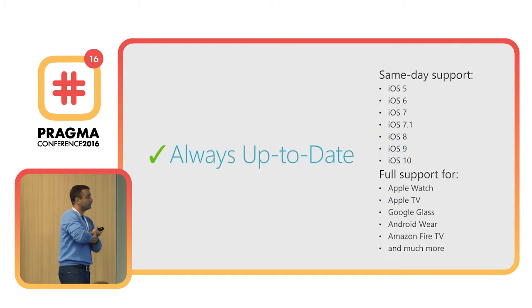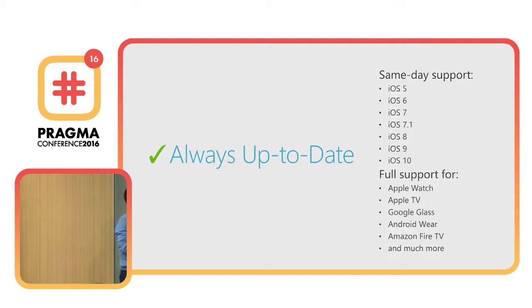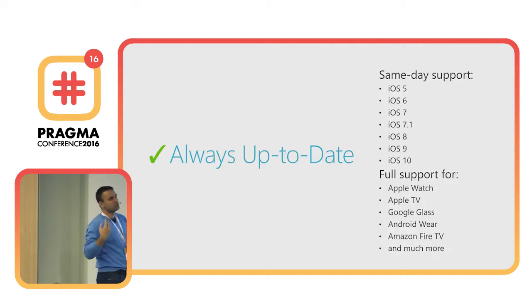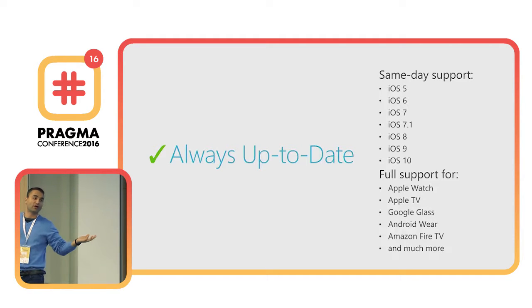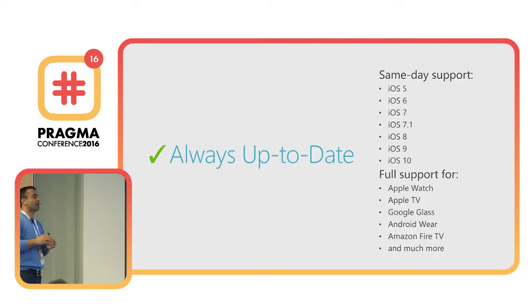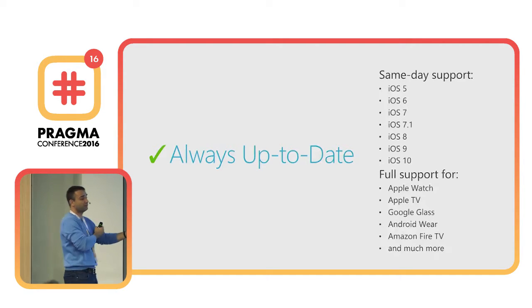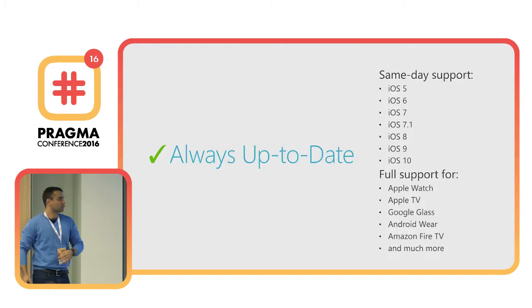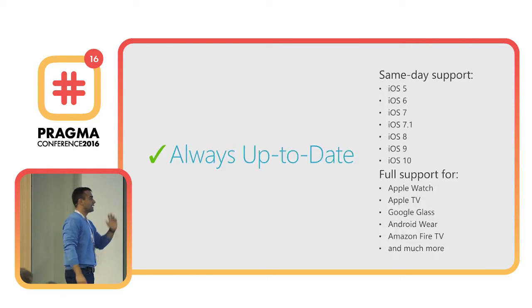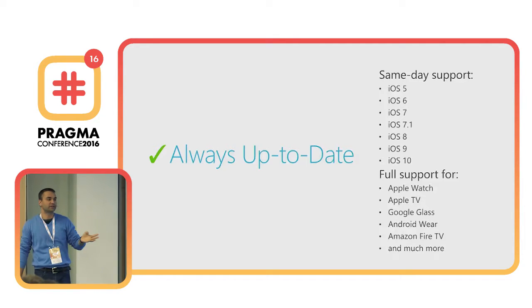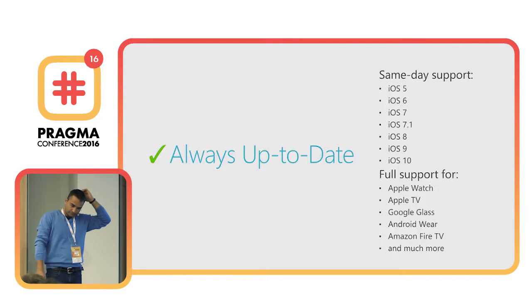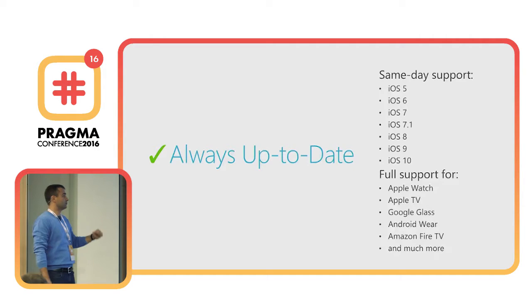Also, Xamarin is doing the binding, because everything is a binding. So you have the iOS SDK, and Xamarin binds all the SDK, so you have access to all the functionality in the new SDK. Xamarin actually gives same-day support for the iOS SDK, usually within 24 hours from the release of the SDK to the public.